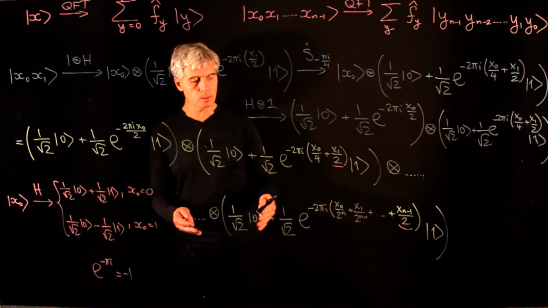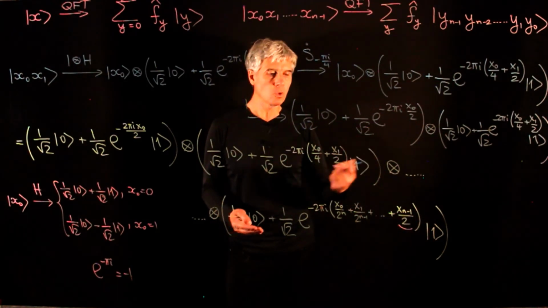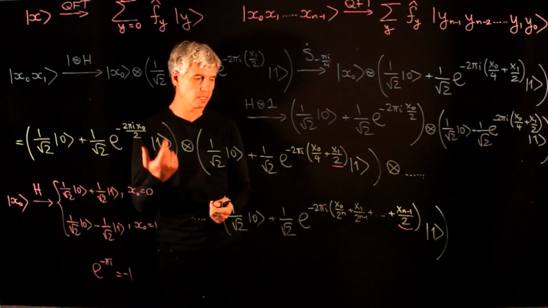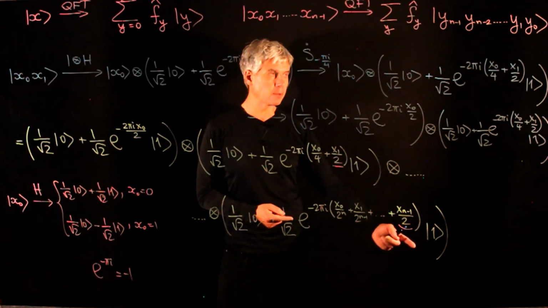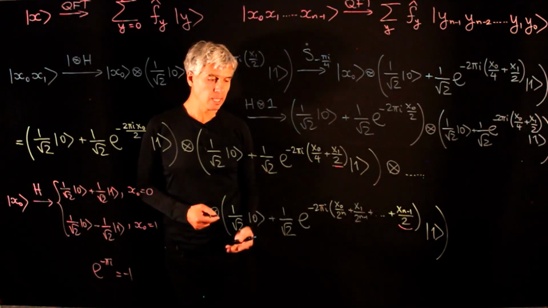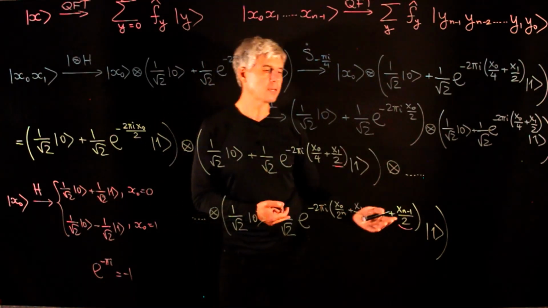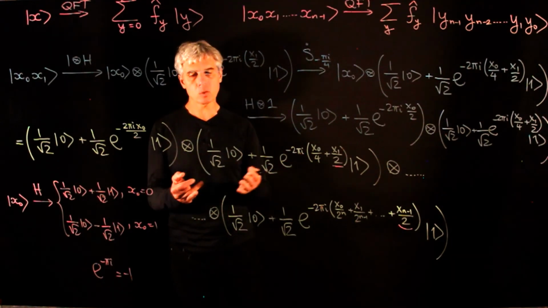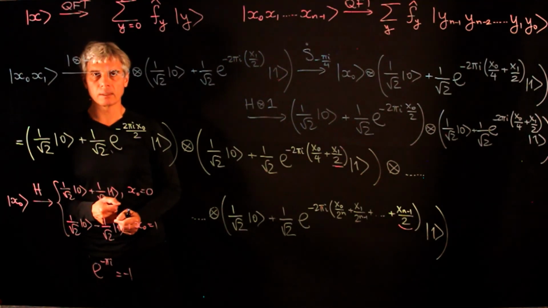And after we create the value of the last bit, you see, the previous bits do not involve x n minus 1. So the leading term of the input only affects the last y0 bit of the output. Then we move to the previous bit, we apply the Hadamard there, and then we apply controlled phase shifts by the previous bits, and so on. And we finish by applying Hadamard to the leftmost bit.